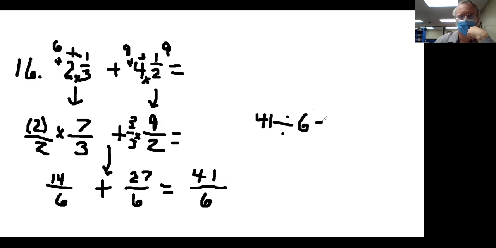We want to get the closest whole number. 5 times 6 is 30. 6 times 6 is 36.